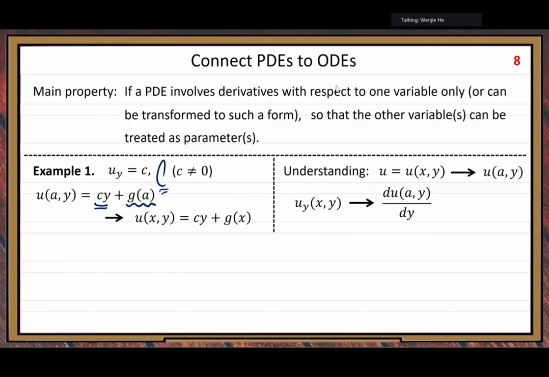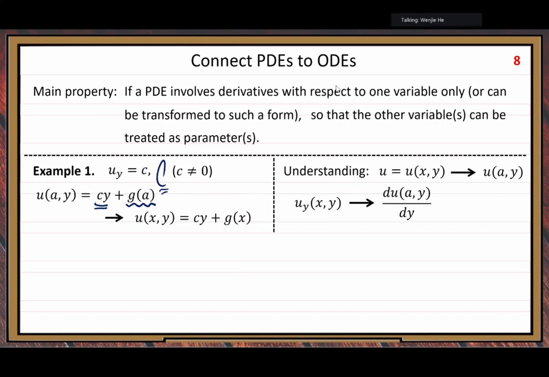g is an arbitrary function. Not necessarily differentiable. Because we do not take a derivative of g with respect to x. We do not need to take a derivative with respect to x when we want to get the original equation.